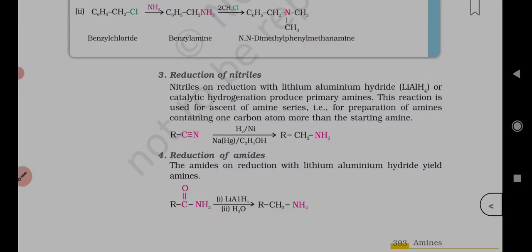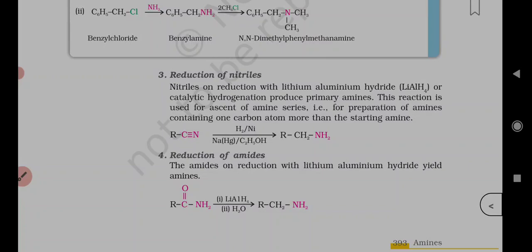Iron scrap and hydrochloric acid is preferred more because the FeCl2 formed is hydrolyzed to hydrochloric acid, so only a small amount of hydrochloric acid is required to initiate the reaction.